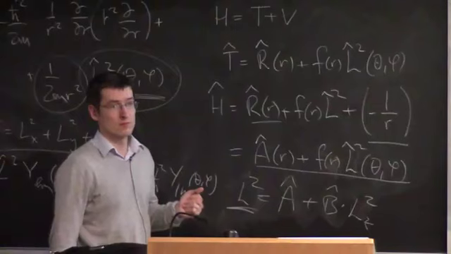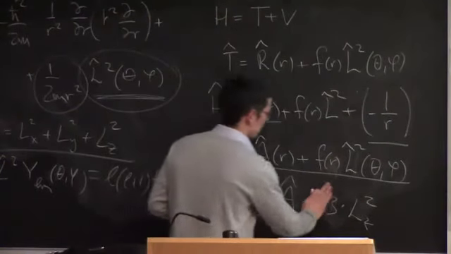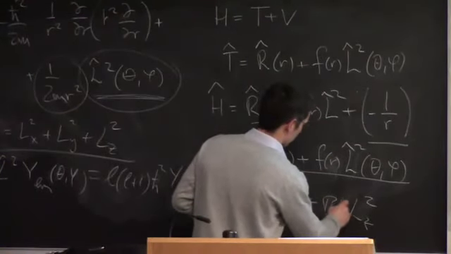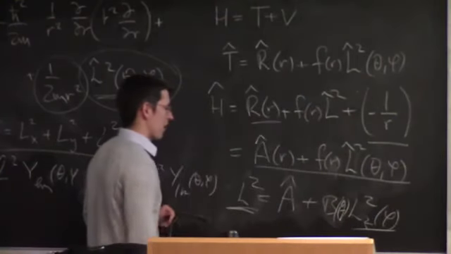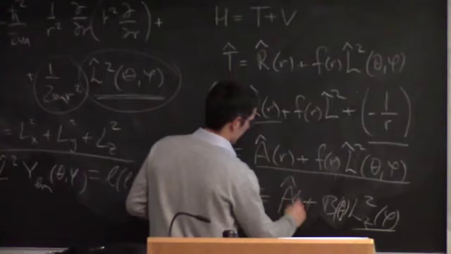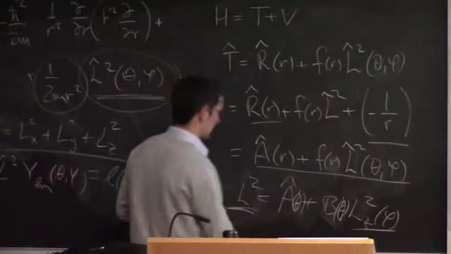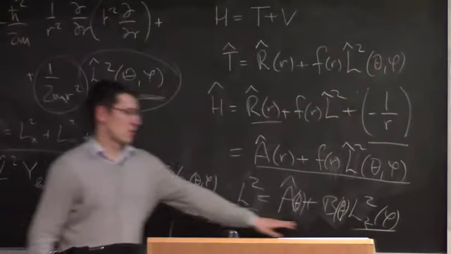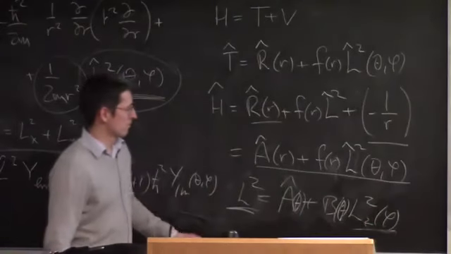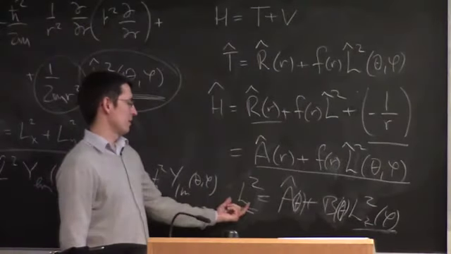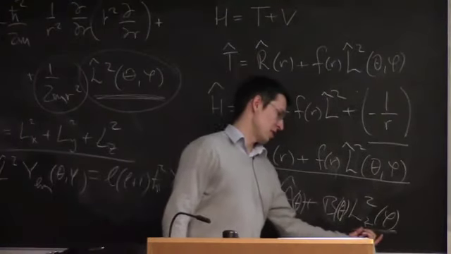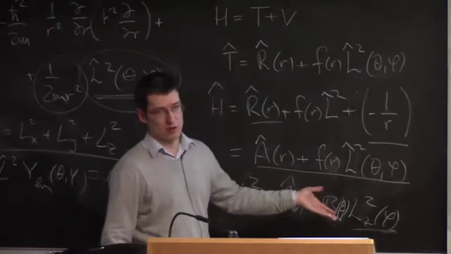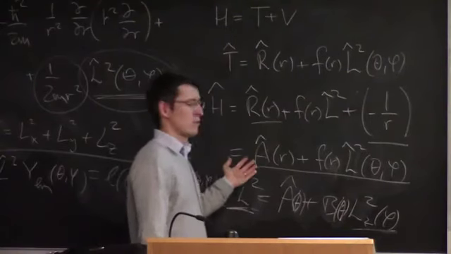And B was actually a function of theta. LZ was an operator acting only on phi. A was an operator acting on theta. And so this form allowed us to formulate eigenfunctions of L squared as eigenfunctions of LZ multiplied by some extra function. And this is pretty much the same.